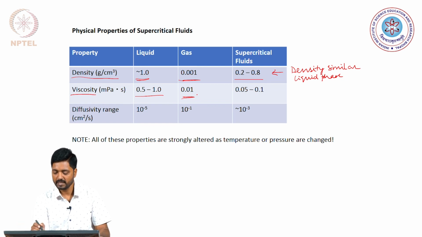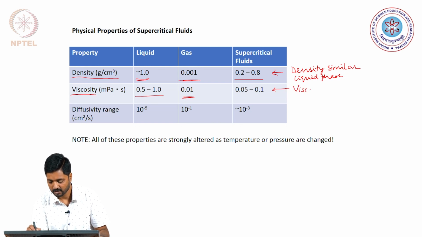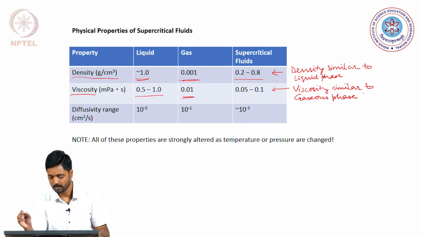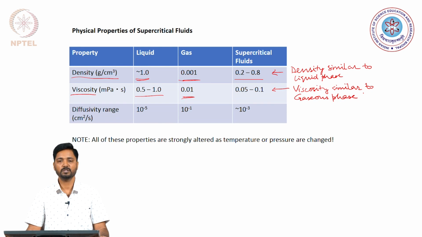Now, the viscosity of supercritical fluids is similar to the gaseous phase. So, while the density of the supercritical fluids was closer to that of the liquid state, the viscosity is closer to the gaseous state.